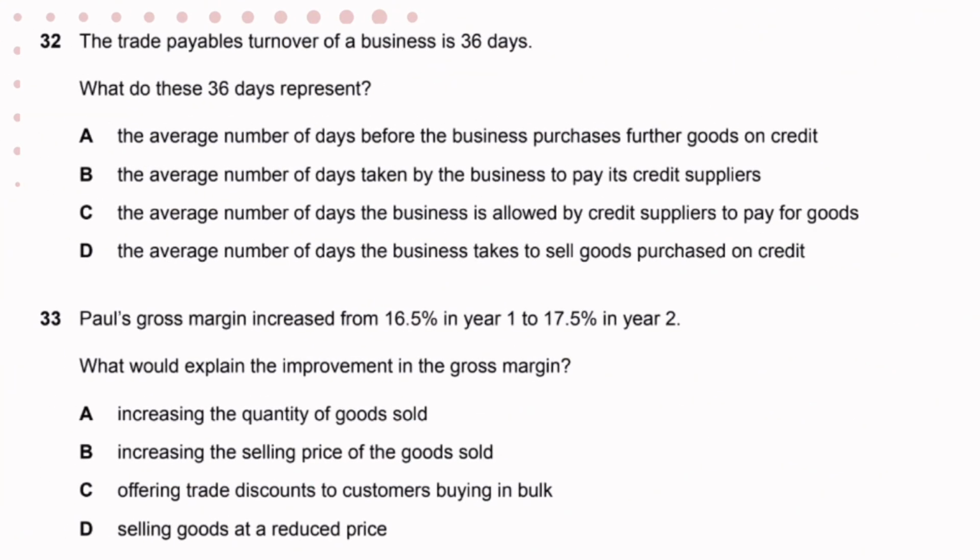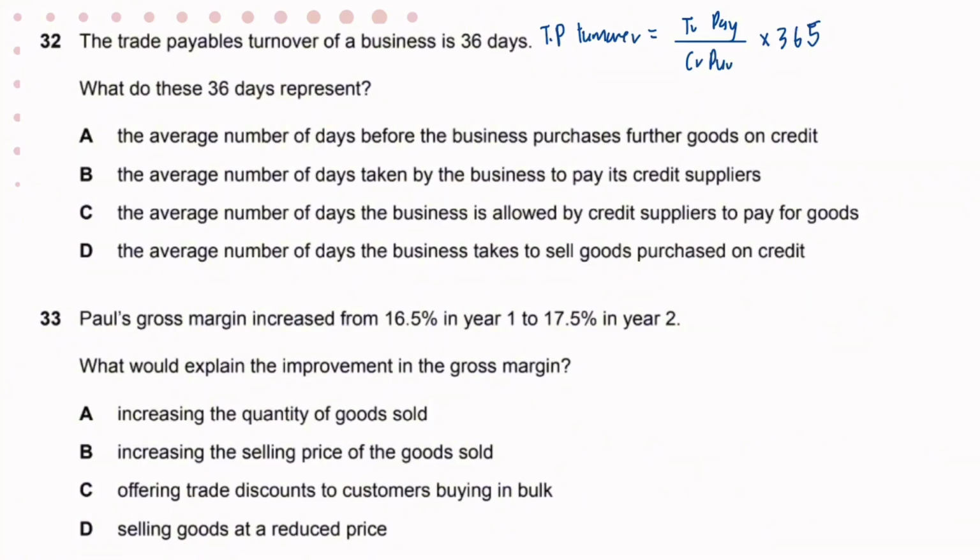Question 32. The trade payables turnover of a business is 36 days. What do these 36 days represent? The formula for trade payables turnover is trade payables divided by credit purchases times 365. Actually, you don't have to know a formula for this question, but it's good to know.